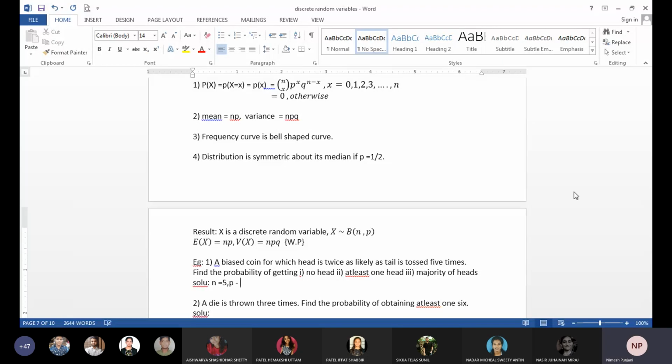What do we have to find? Probability of getting no head, at least one head, and majority of head.